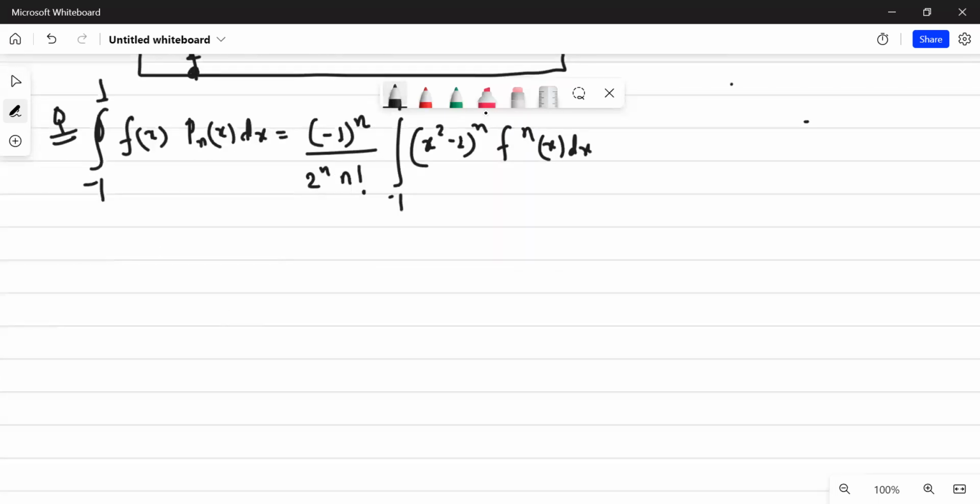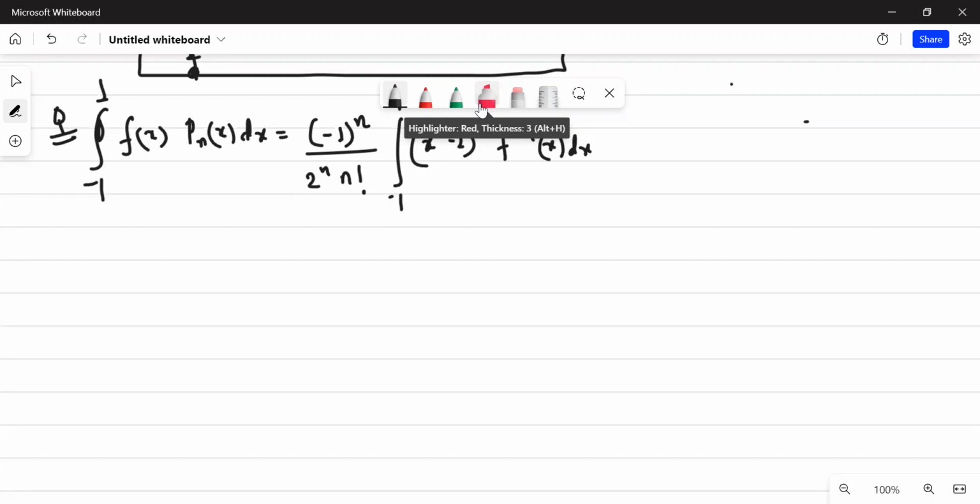I already know that my Rodrigues formula for Pn(x) is 1 upon 2^n n factorial, d^n upon dx^n of (x squared minus 1)^n. The Rodrigues formula is one such formula which will be quite handy when you are trying to derive these properties which I'm going to list today.